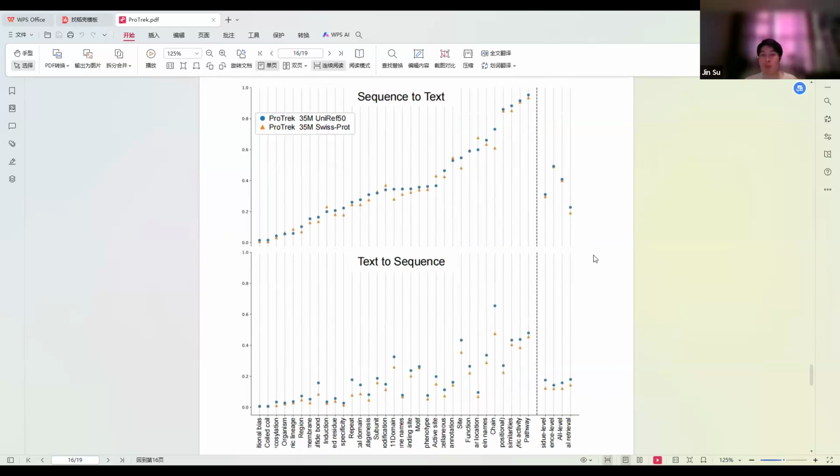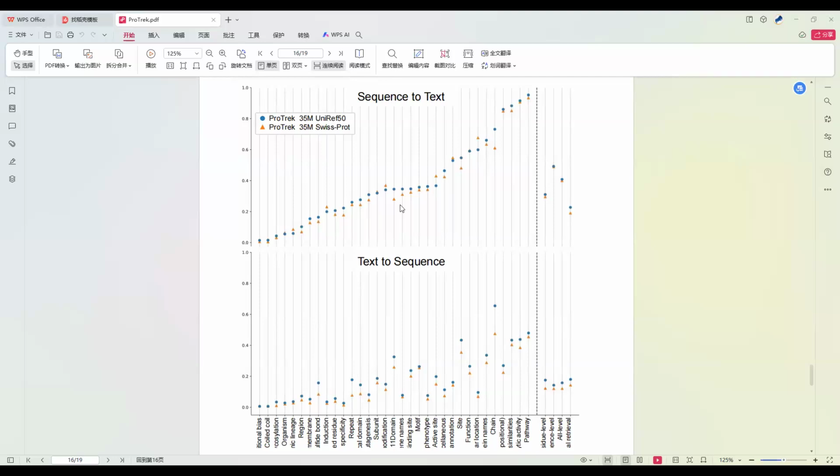That is why we use both SwissProt and UniProt 50 samples to train our model. Also, some annotations are not accurate, but we use the model to filter them out beforehand, and the remaining 25 million samples can still contain some noise, but they can still improve the model's capability.